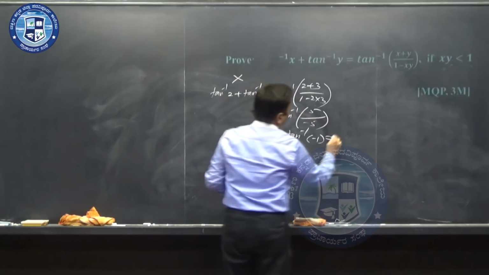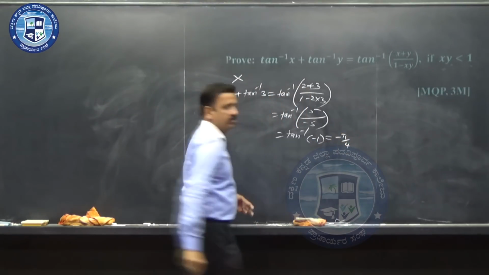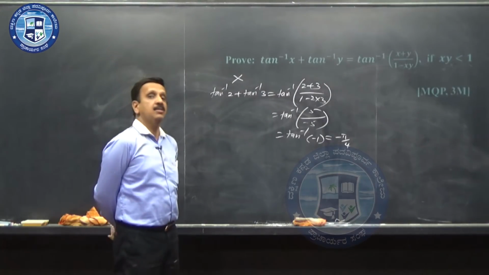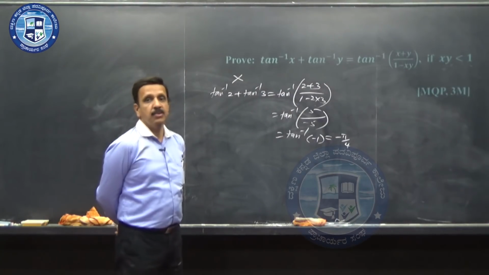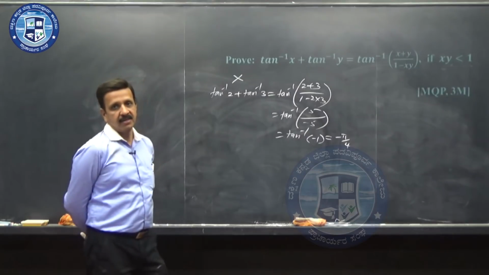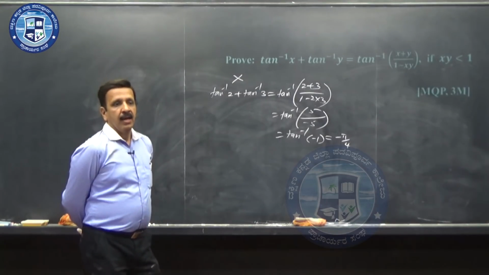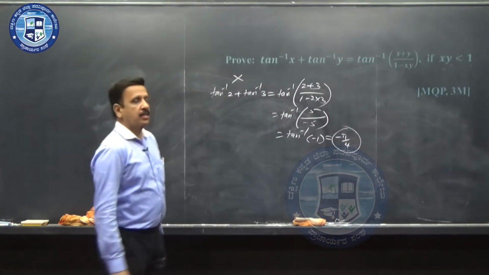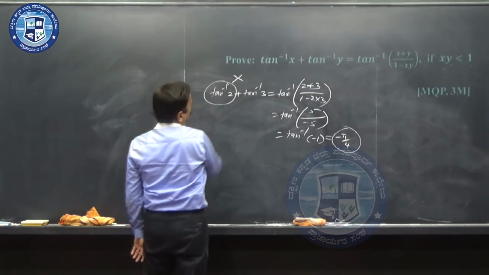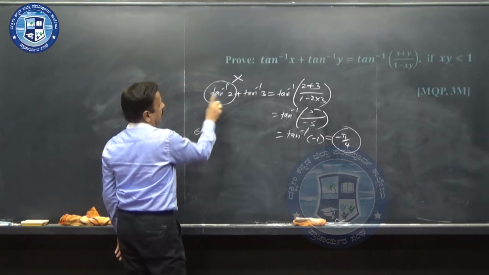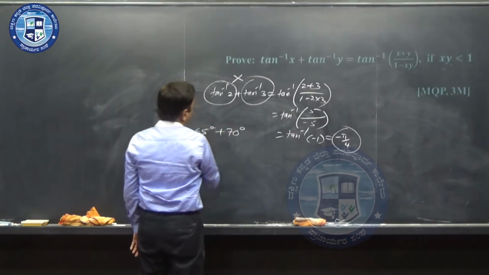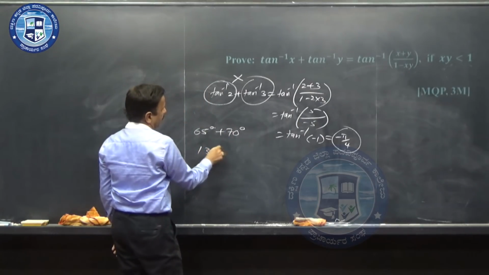Tan inverse of minus 1 is equal to minus pi by 4, minus 45 degree. Which quadrant? Fourth quadrant. Now let us check whether it is correct or not. Tan inverse 2 is approximately 65 degree, tan inverse 3 approximately 70 degree. 65 plus 70 is equal to 135 degree.